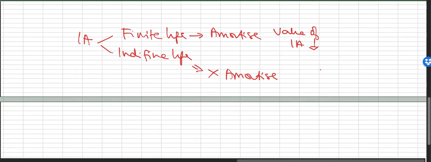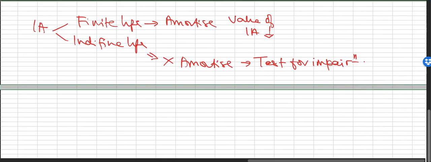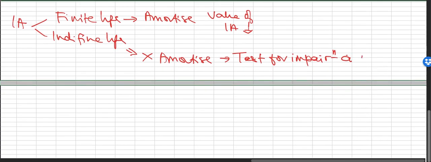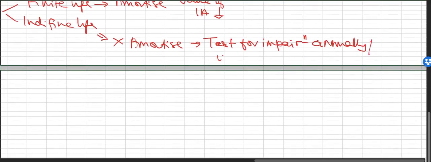To avoid overstating the intangible asset, we need to test for impairment every year, or when there is indication of impairment.